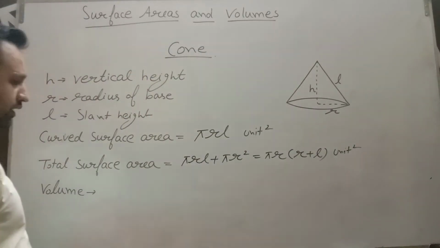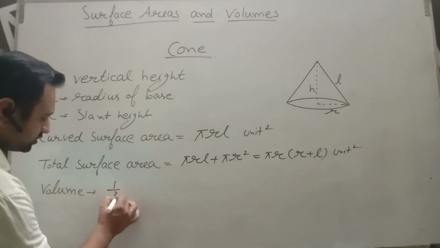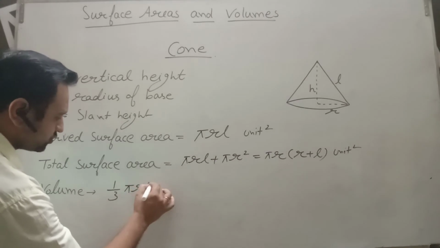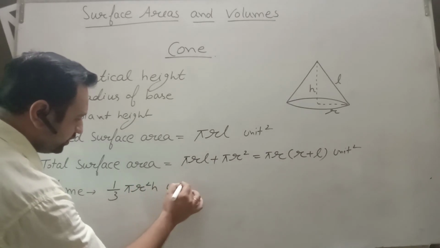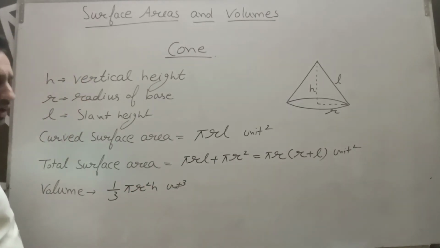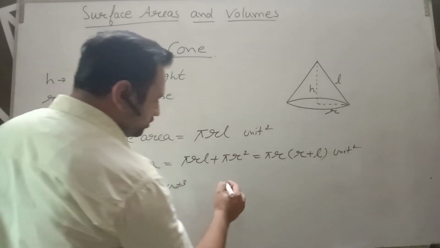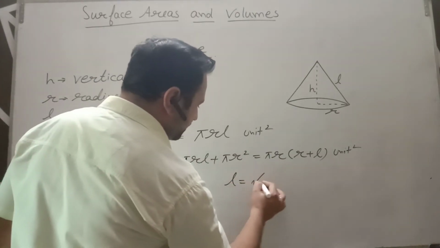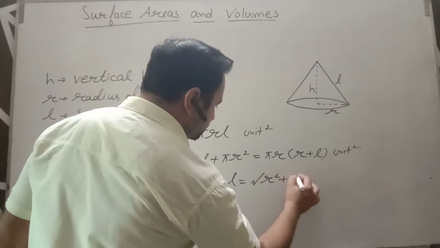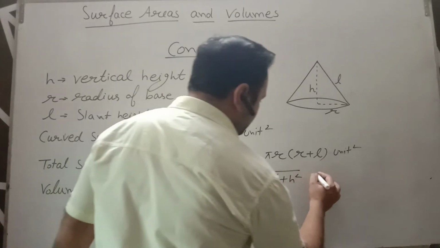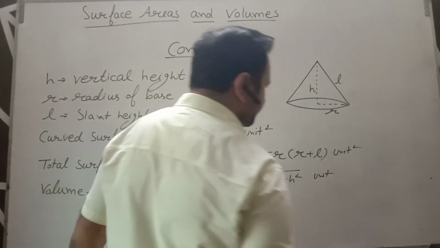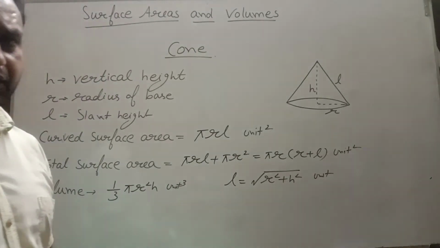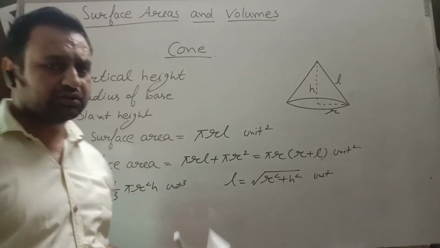Volume is 1/3 pi r square h unit to the power 3. And one more formula to find the slant height: l equals under root r square plus h square unit. So these are the formulas of cone. Just note down.